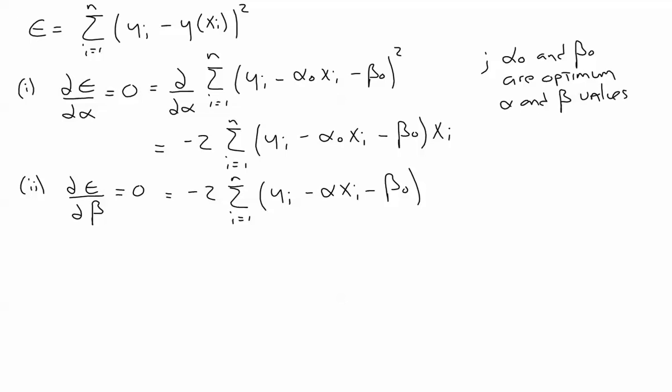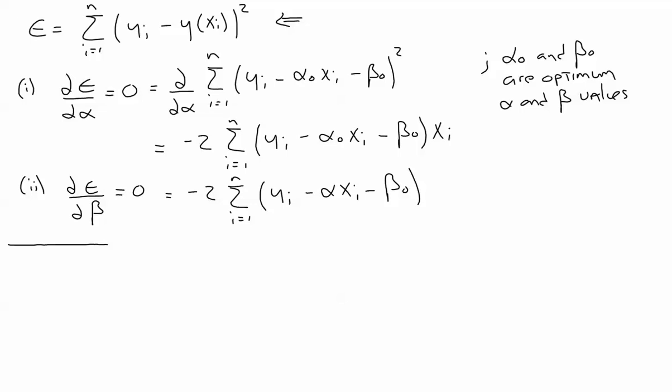They're going to be the ones that minimize this squared error term, which is a collective error term when considering all the data points in my data set. Okay? All right, so let's rewrite equations 1 and 2 a little bit. Let's simplify them.